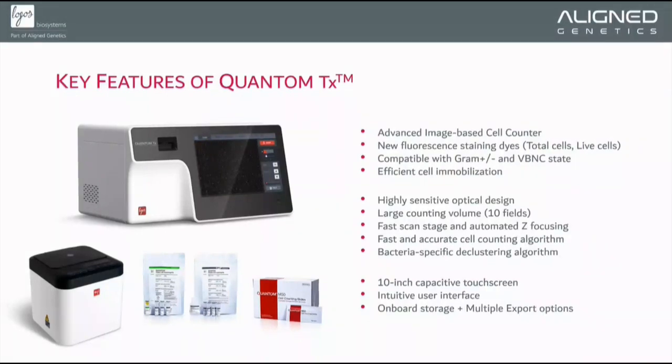It has highly sensitive optical design, large counting volumes, which has 10 fields, fast scan stage and automated Z-focusing, and fast and accurate cell counting algorithm as well. And bacteria-specific declustering algorithm has been implemented into the instrument as well. And the instrument has a 10-inch touch screen, intuitive user interface, onboard storage, and multiple export options as well.